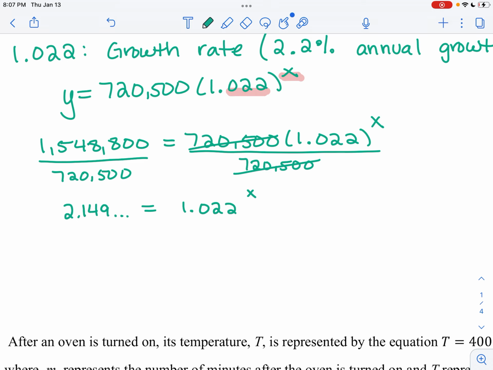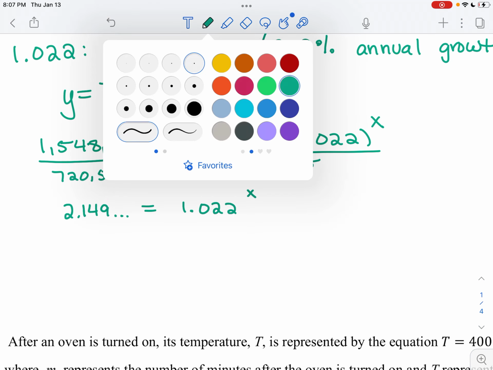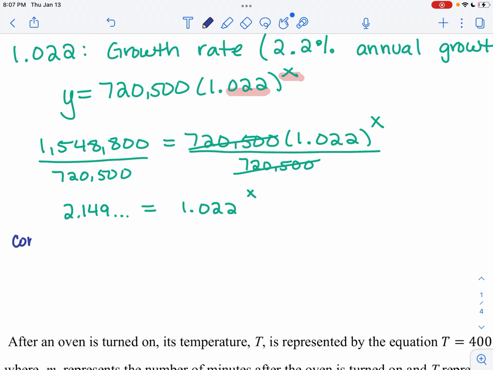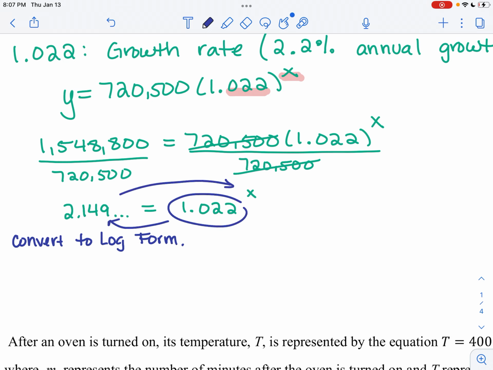Now, if we're going to convert, I'll show you both ways. So we're going to convert to log form. That means we're going to circle the base, run the race, which means this is going to look like a log with a base of 1.022 of that 2.149 number, and it's equal to x.